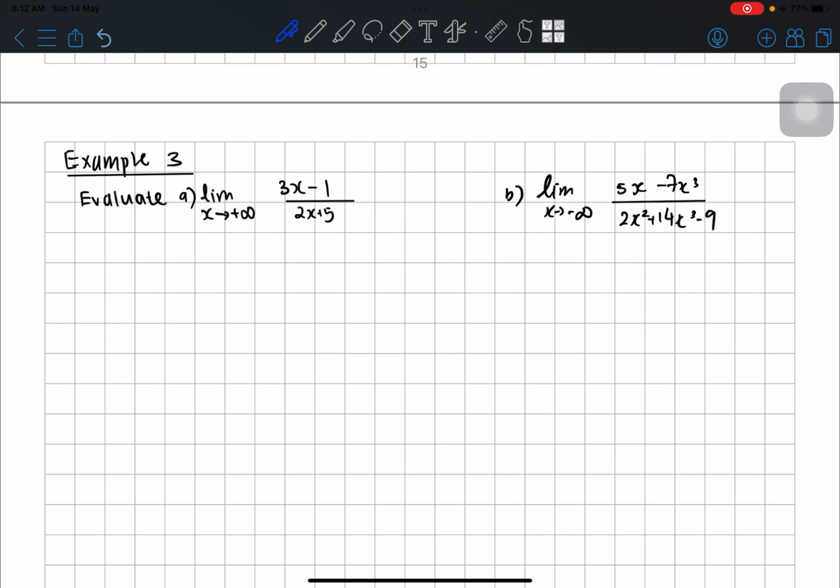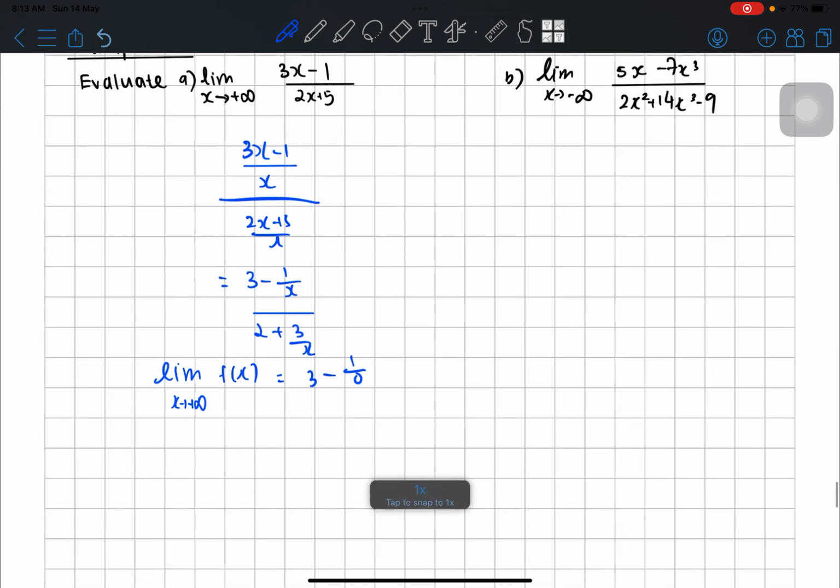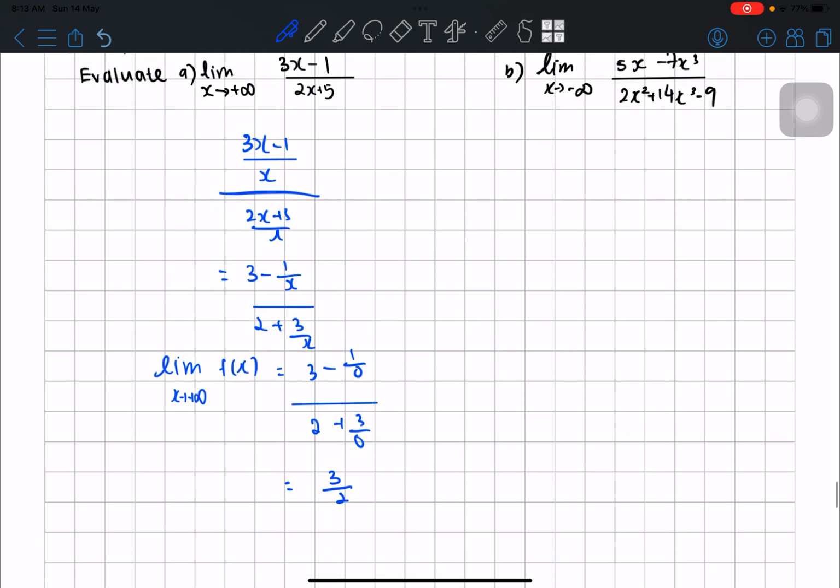Same thing as example 1, so we just do this. And then we got our answer, 3/2.